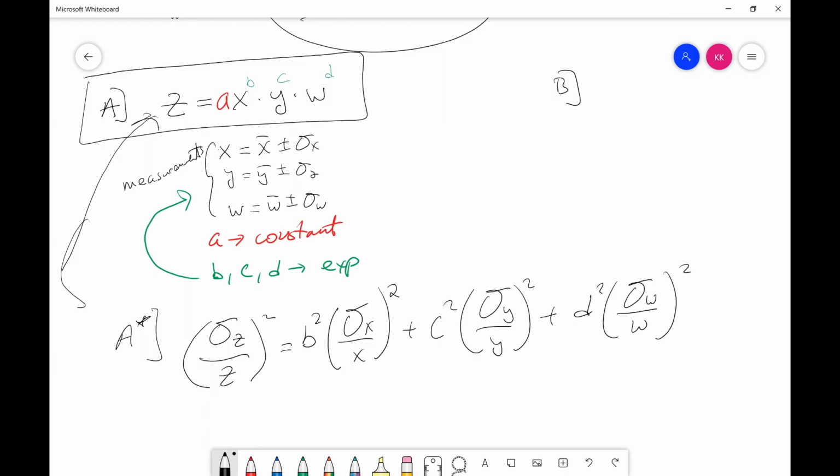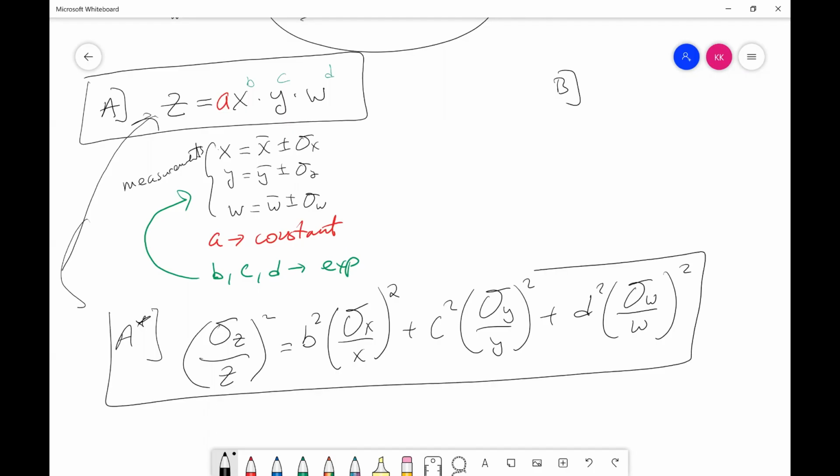Again, this W here is not the width, it's just a dummy variable W. It tells you that if your equation has this format of type A, then use this to find the uncertainty of that quantity.